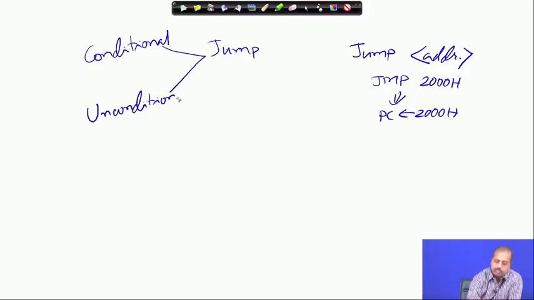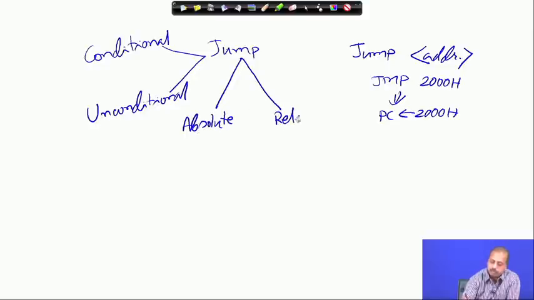We have seen jump on carry, jump on zero, jump on not zero; they are conditional jumps, and we have unconditional jumps like the JMP instruction. Another classification of jumps is absolute jump and relative jump.